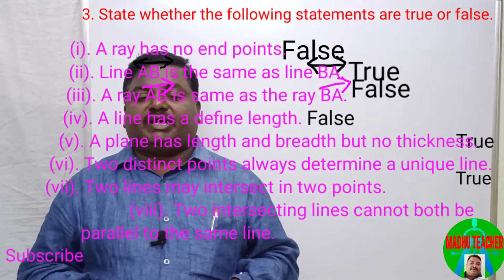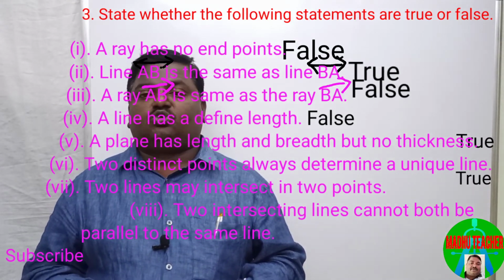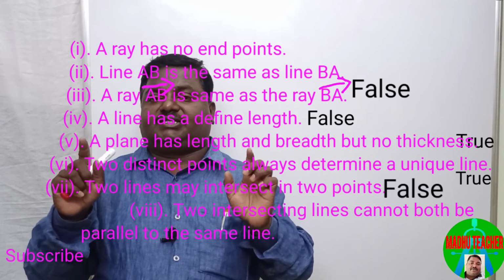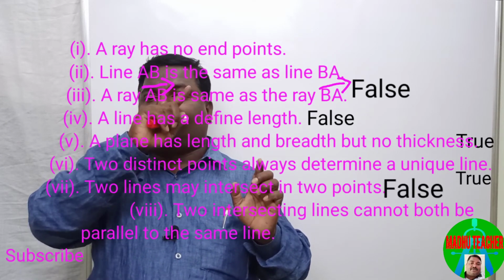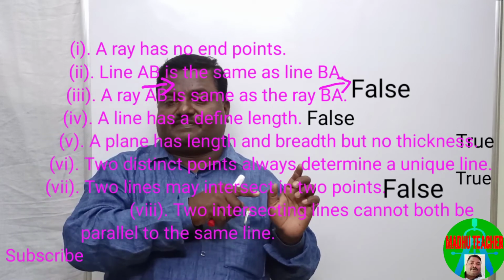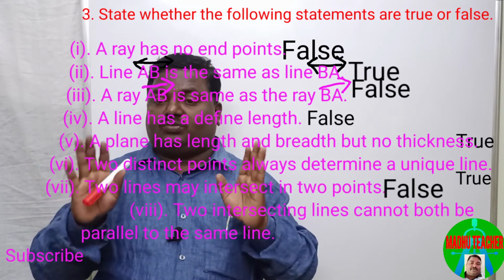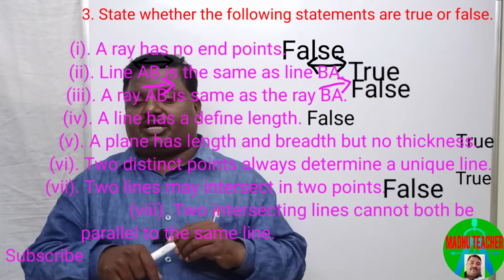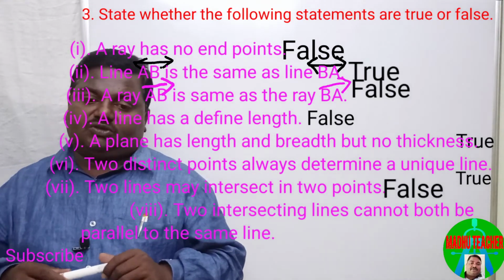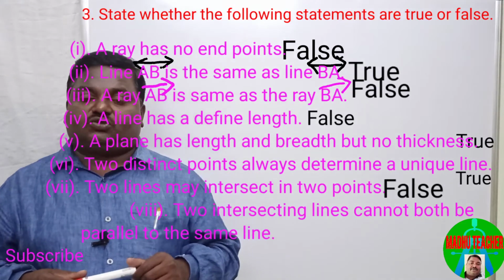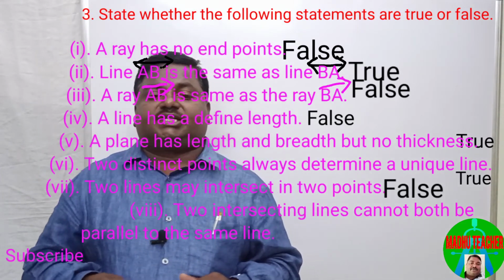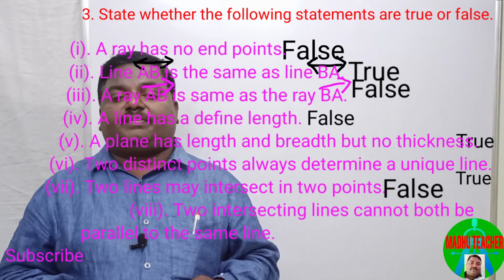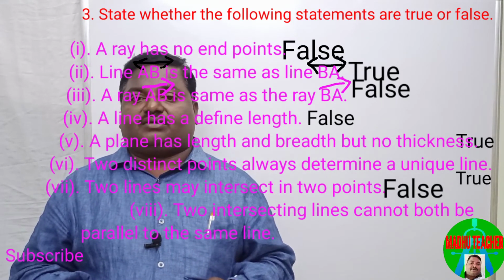Two lines may intersect in 2 points. No, they intersect at only 1 point. Like this, they should not intersect at 2 points, they intersect at only 1 point. So it is false. Next one is, two intersecting lines cannot both be parallel to the same line.